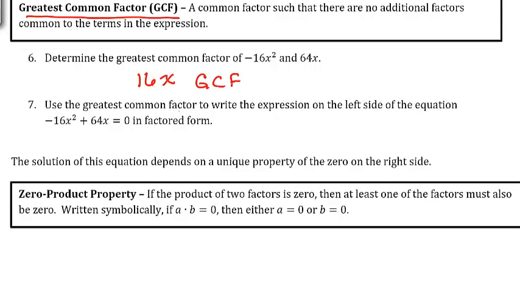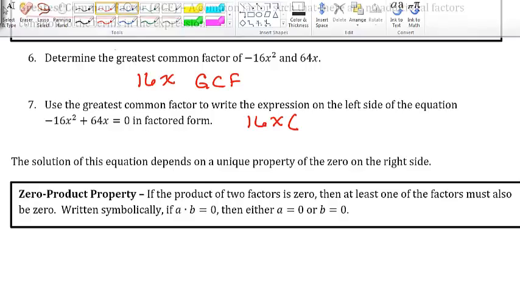So use the greatest common factor to write the expression on the left side of the equation, negative 16x squared plus 64x equals 0, in factored form. So we can factor out a 16x. And so again, remember that's taking both of these terms and dividing it by 16x, and that's what will go in my parentheses.